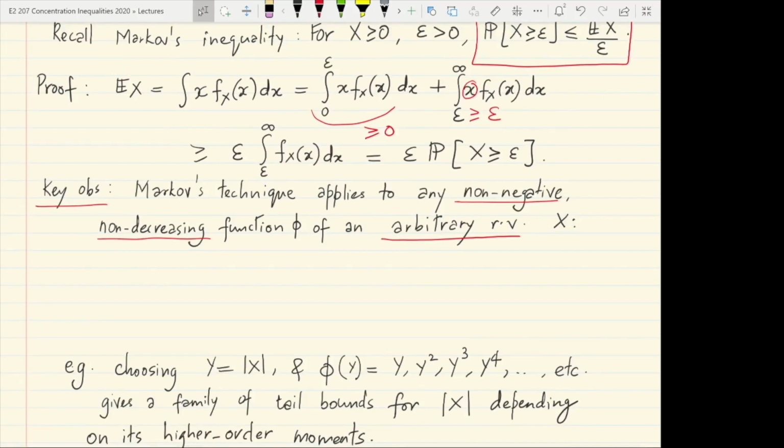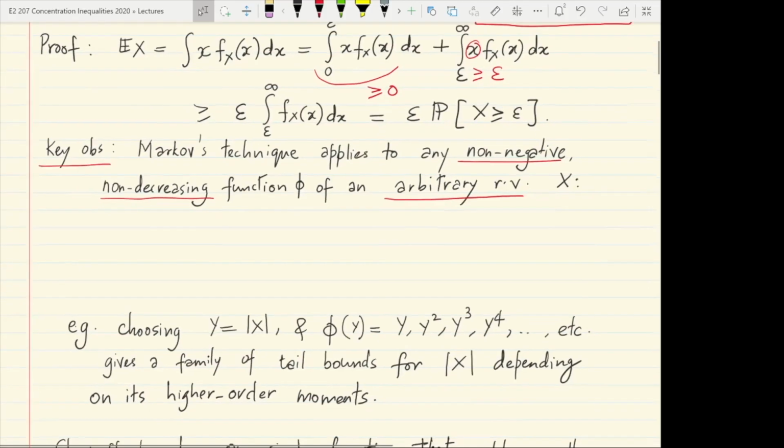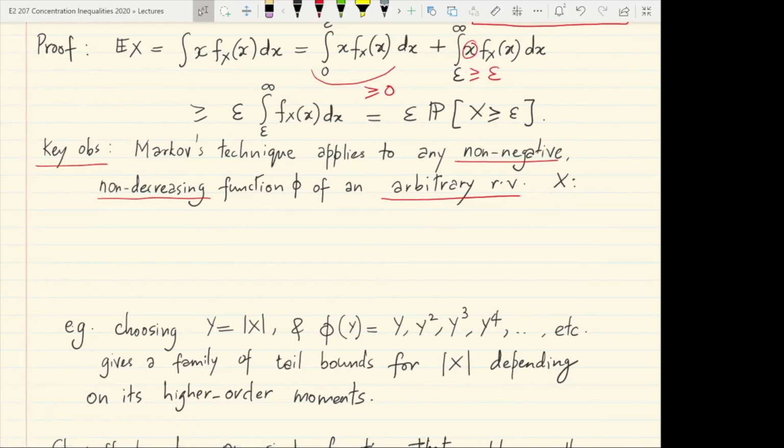Having seen Markov's inequality, a very simple but insightful observation is that the technique used to derive Markov's inequality can be applied to any non-negative, non-decreasing function phi of an arbitrary random variable X. So X here does not need to be non-negative, whereas in Markov's inequality you needed X to be non-negative. This happens the following way.